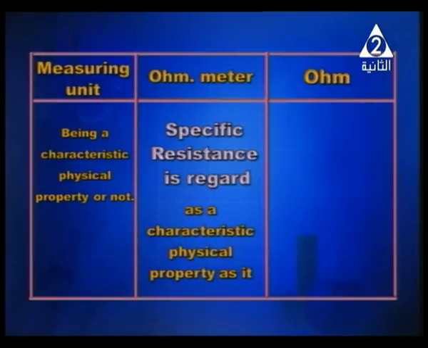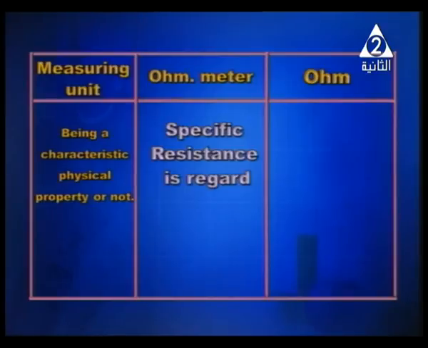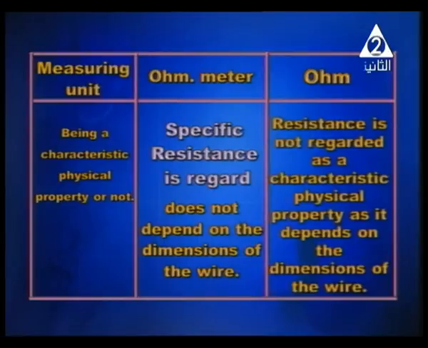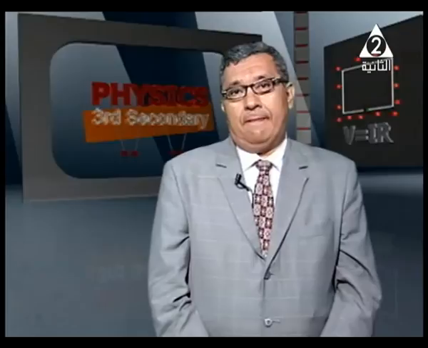Specific resistance, which is resistivity, is regarded as a characteristic physical property as it doesn't depend on the dimensions of the wire, on length and cross-sectional area. Resistance cannot be regarded as a characteristic physical property, as it depends on the dimensions of the wire.